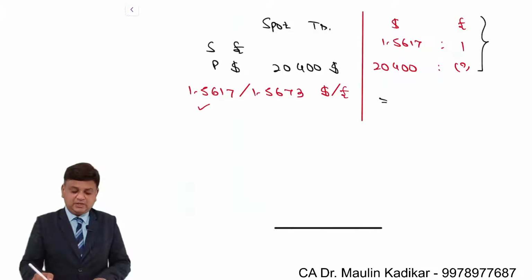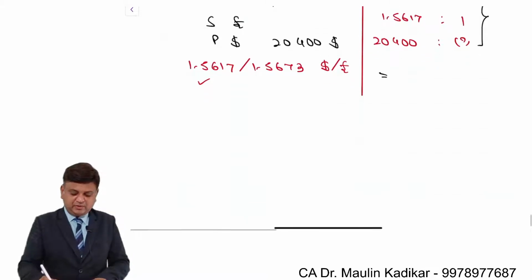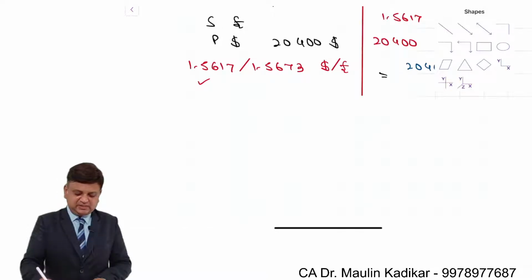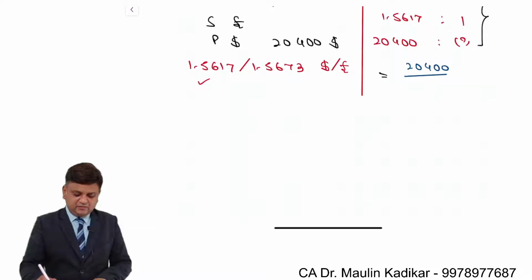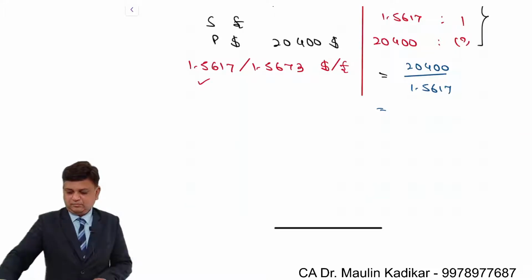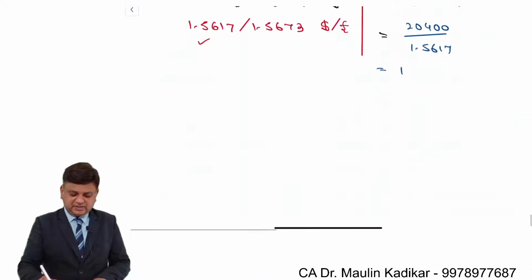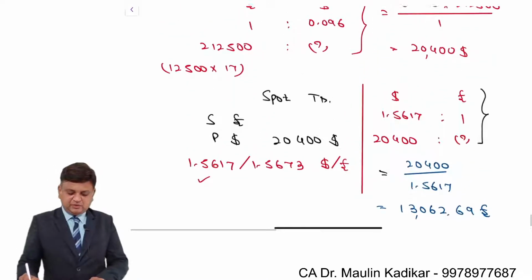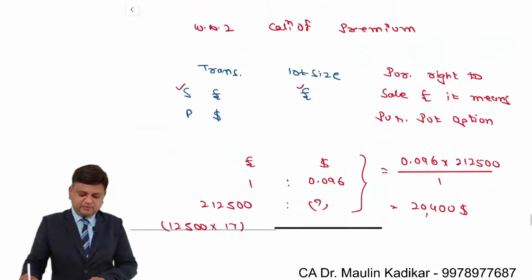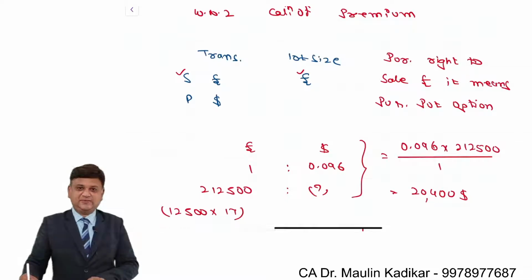So based on this equation, we'll compute the amount of the pound. 20,400 into 1, that does not make a sense, divided by 1.5617. So that comes to 13,062.69. This is the amount of the pound premium which is supposed to be paid. That is what we understand.